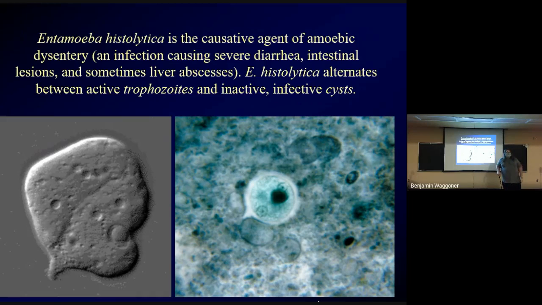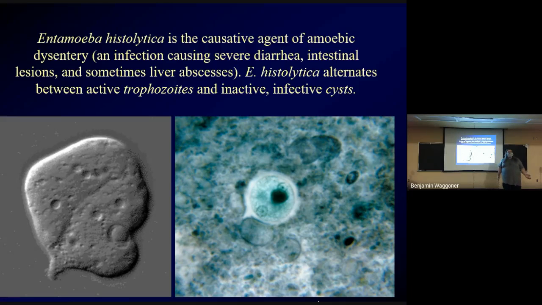And the life cycle of these guys alternates between an active amoeba-like feeding form, a creeping amoeba called a trophozoite, and an inactive form that can pass from person to person, called a cyst. By the way, trophane is Greek for to feed. And zoon, of course, zoo means to live.